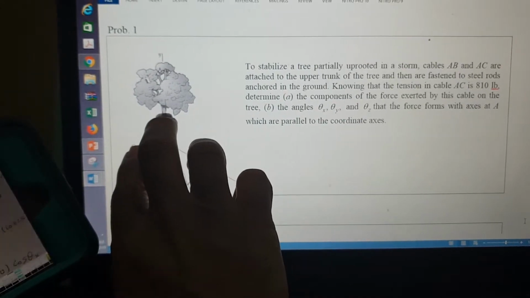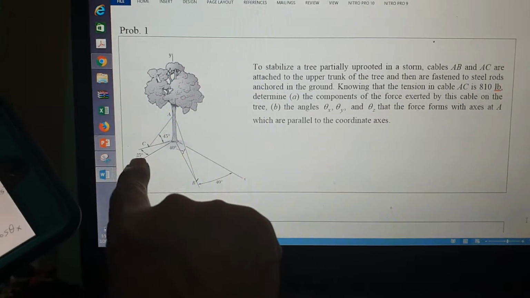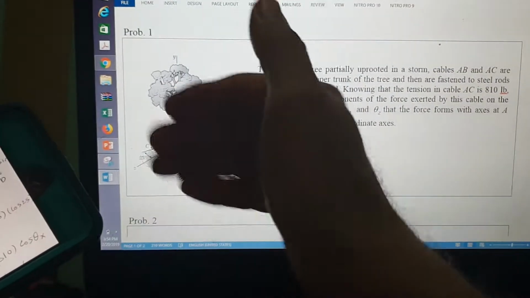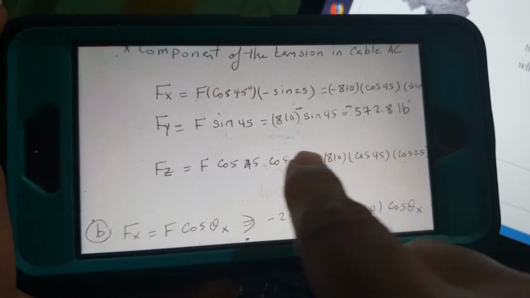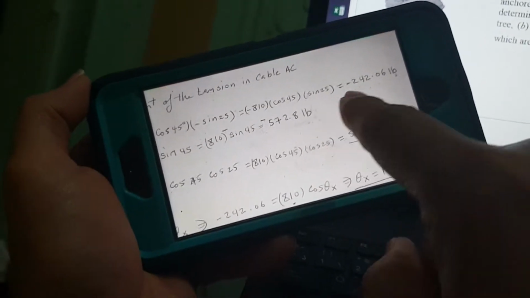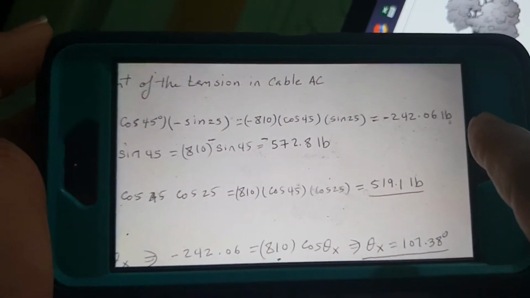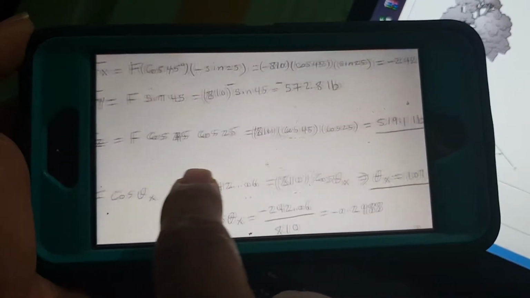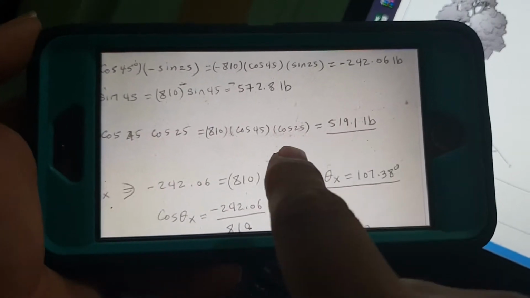So Fx is F cosine 45 minus sine 25, and the force is 810. So 810 cosine 45 sine 25 is minus 242.06 pounds, because he gives you the force in pounds. And Fz, 810 cosine 45 cosine 25, is 519.1 pounds.